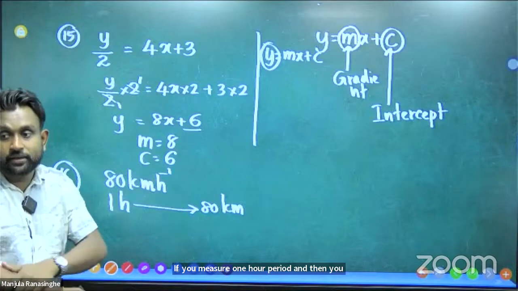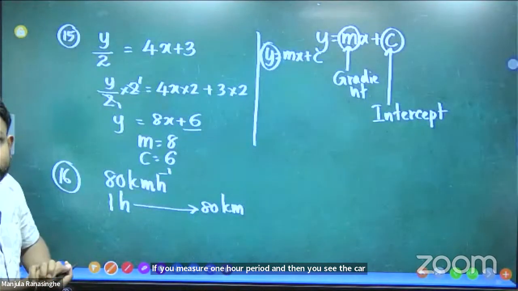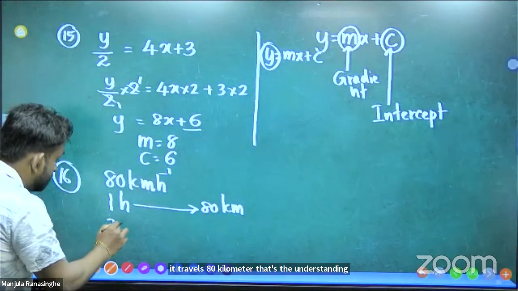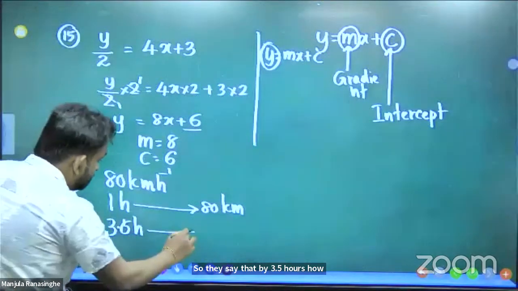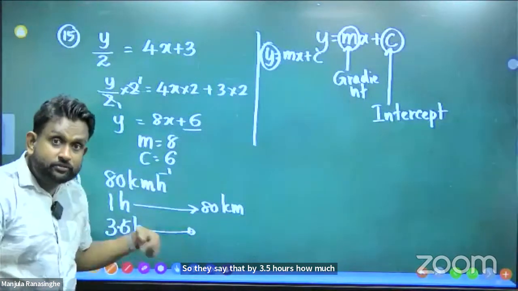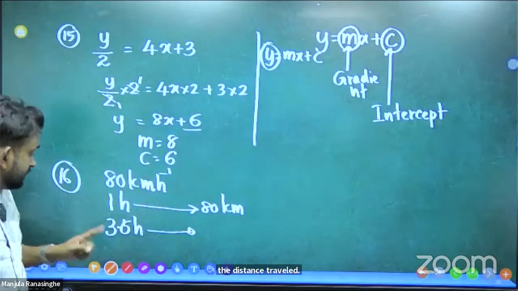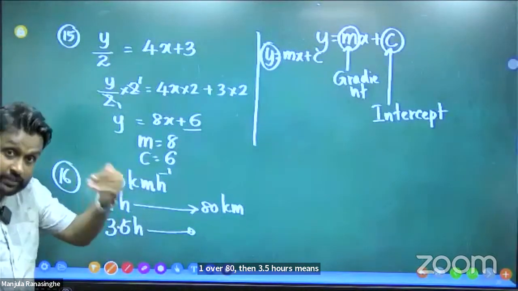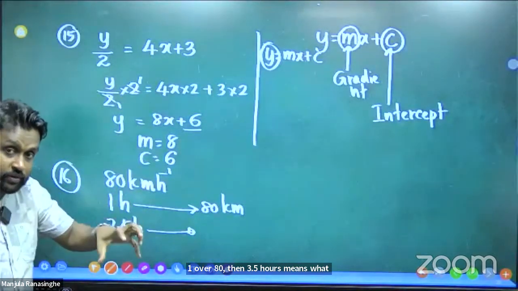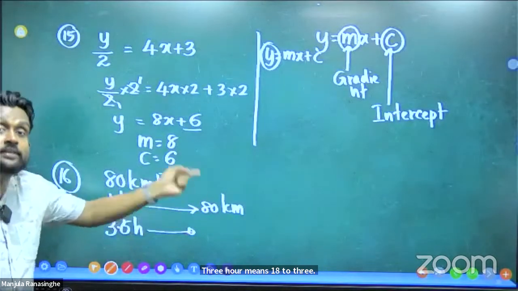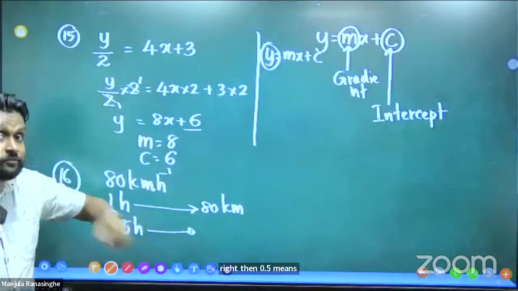They ask how much distance is traveled in 3.5 hours. 1 hour is 80, so 3 hours means 80 into 3, and 0.5 means half of 80, which is 40.